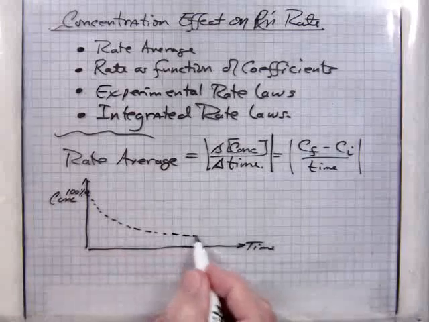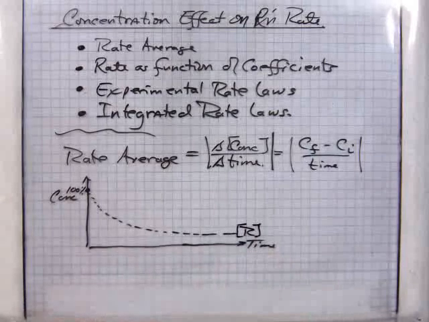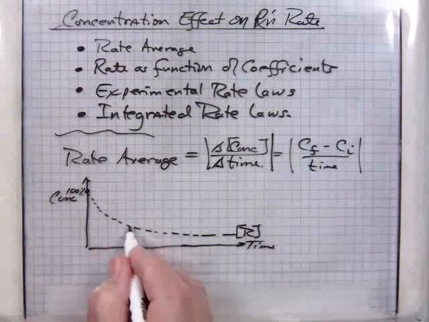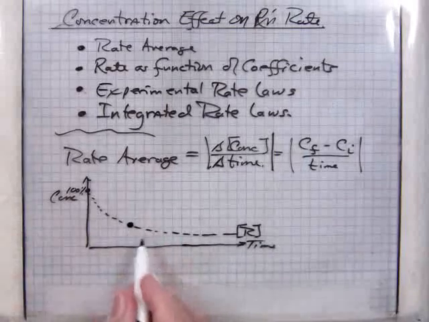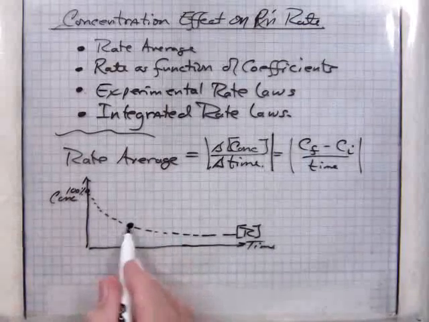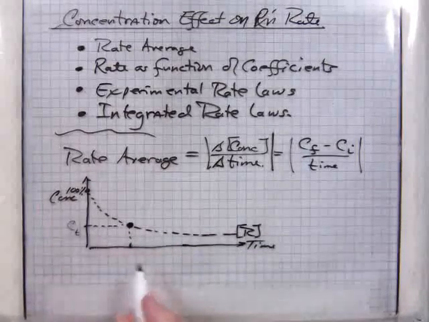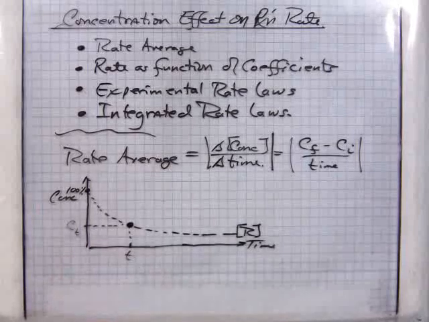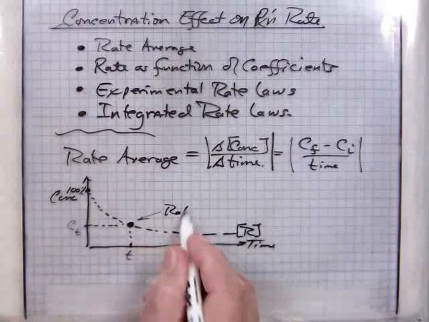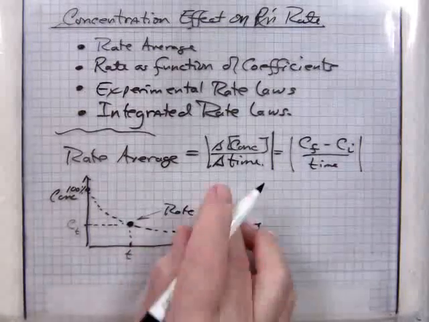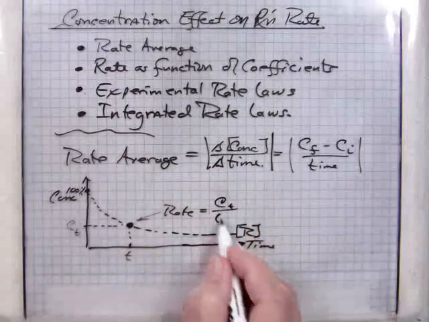So if we just look at the reactants, concentration changes over time, like this, and if you picked a point right there and calculated the rate, see here's a time and here's a concentration C at time t, and you have your time value there. And so the rate equals that concentration number at that time over time.